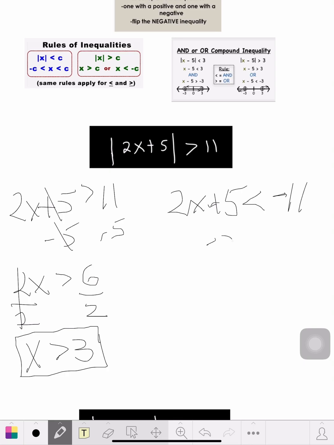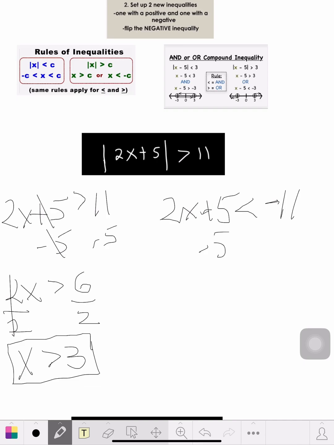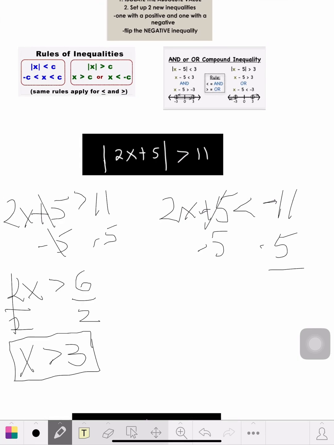These cross out, carry down 2x, and keep the inequality sign facing that way. We get negative 16, because you have a negative 11 and you're subtracting 5, so you're going further into negative territory.